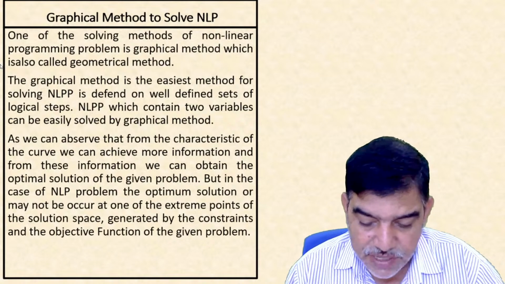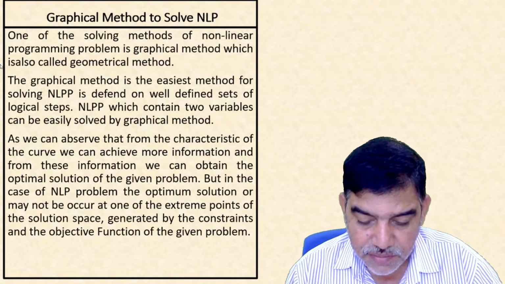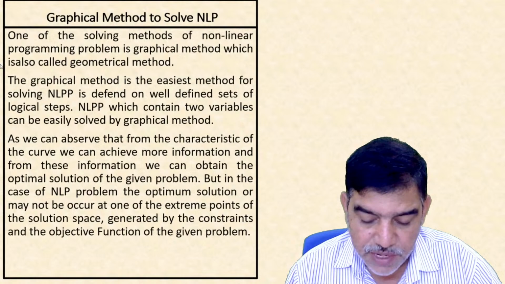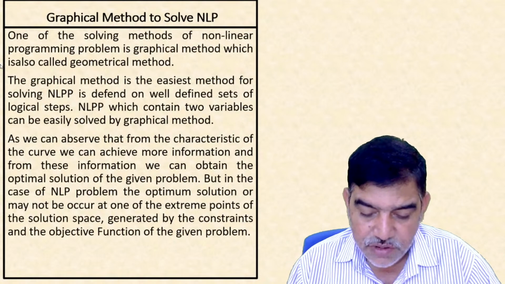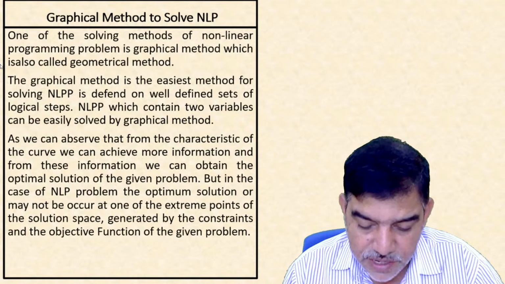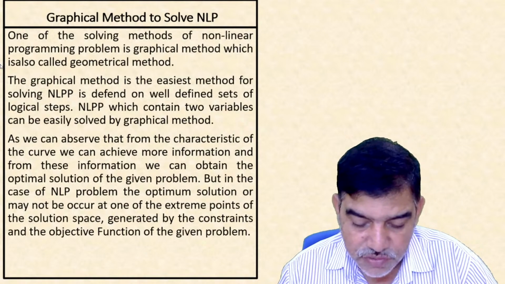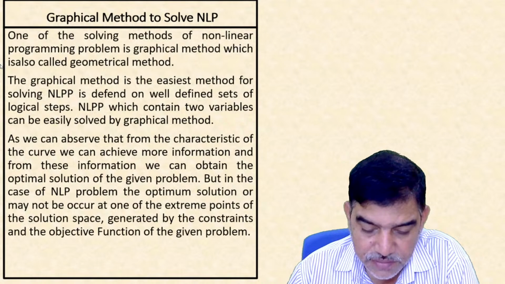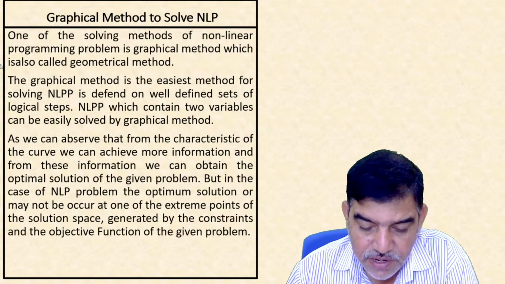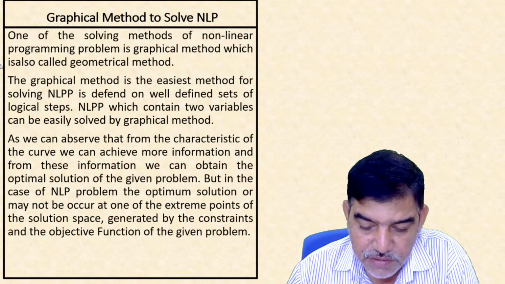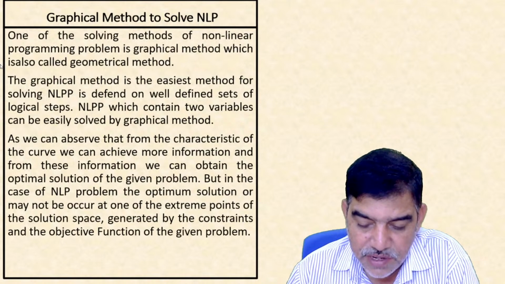Hence, if I represent it, it becomes h of x equal to del square f divided by del x1 del x2. When h of x is positive, it is convex. If it is negative, it is concave.